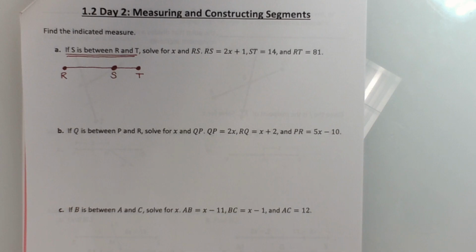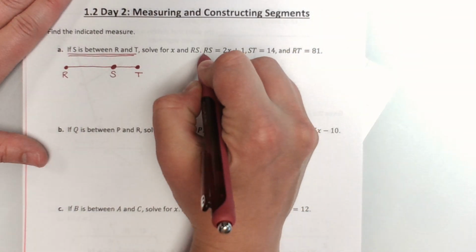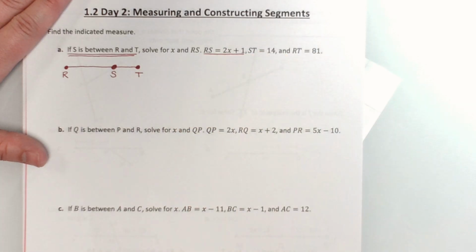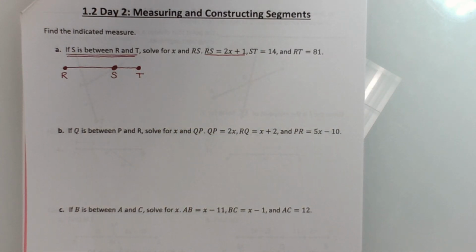Anyway, we draw our diagram. Then we have to label its separate parts. I got 3 separate parts. The first one I'm told is RS. Is RS a partial length or a full length? Is it part of the segment or all the way across? Partial.